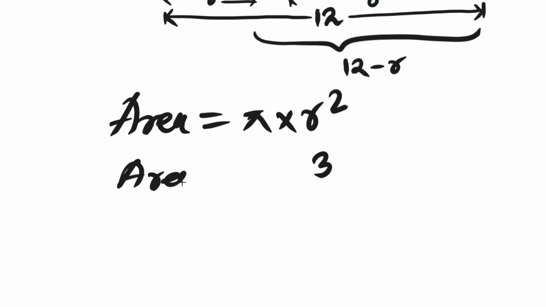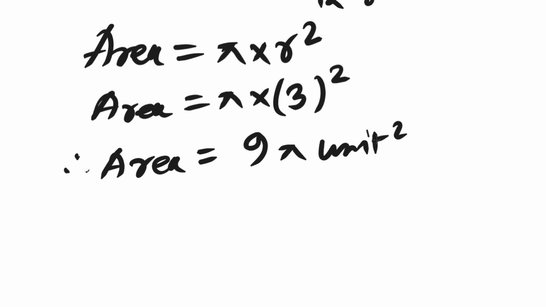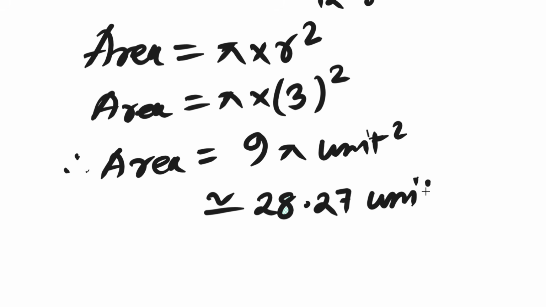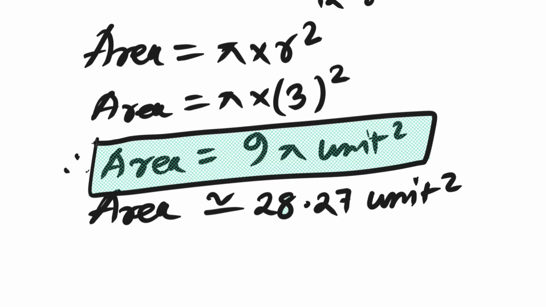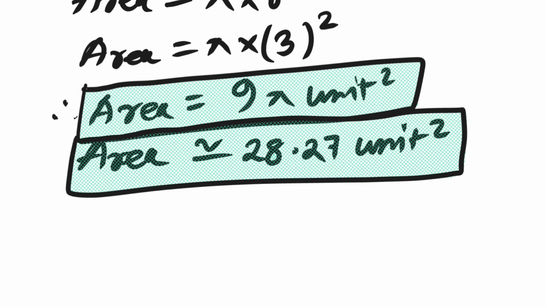That gives me area equals pi multiplied by 3 squared. 3 squared is 9, so the area is 9 pi square units. If I want a decimal approximation, 9 multiplied by pi is approximately 28.27 square units. So my final answer is 9 pi square units, or approximately 28.27 square units.